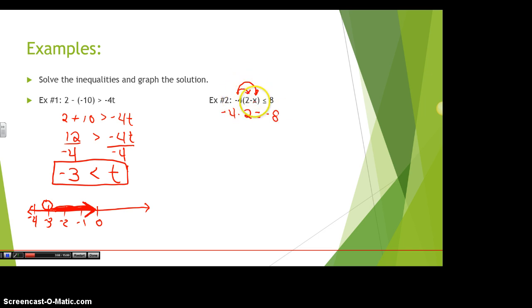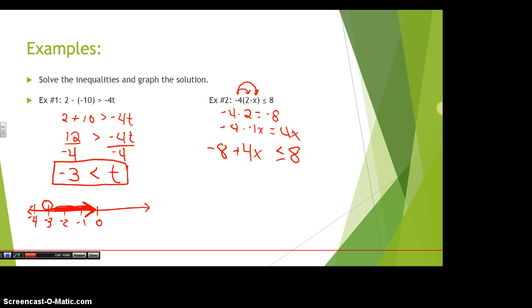Negative 4 times negative 1x gives me a positive 4x. So on the left side, I have negative 8 plus 4x, which is less than or equal to 8.